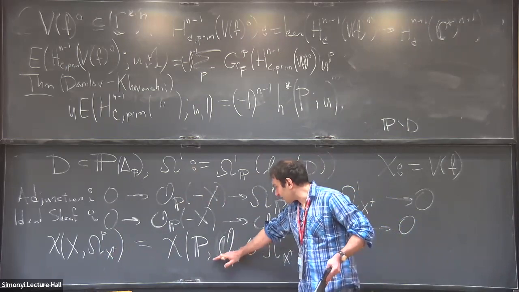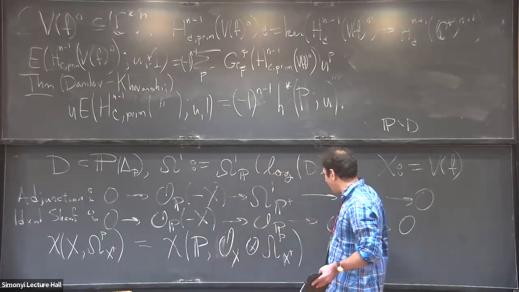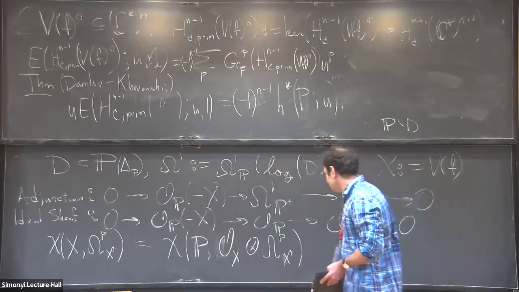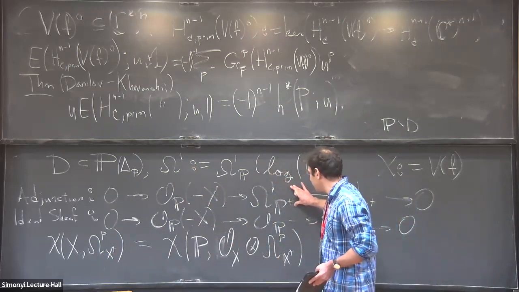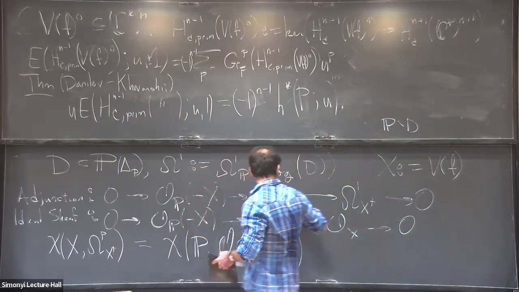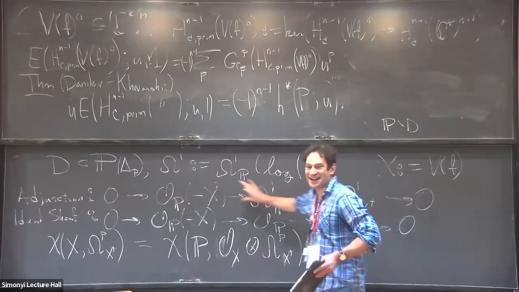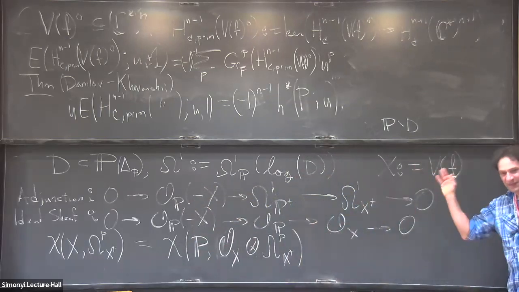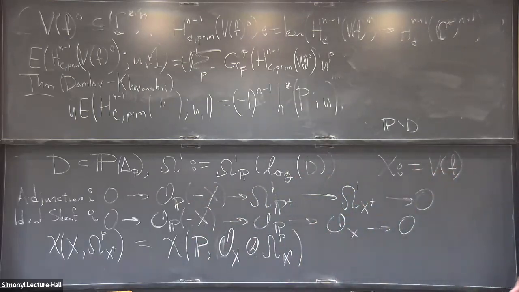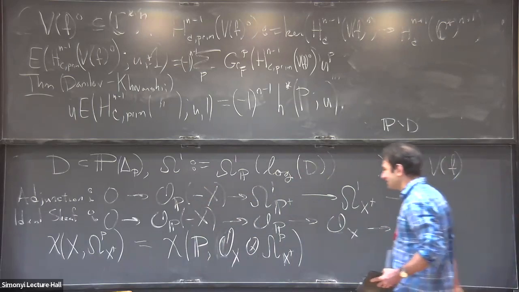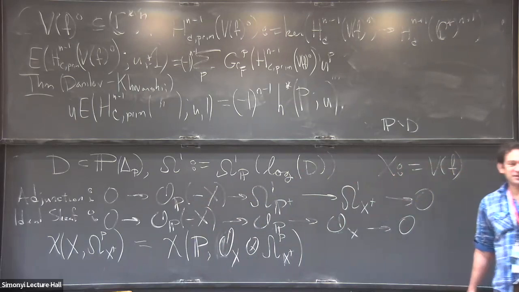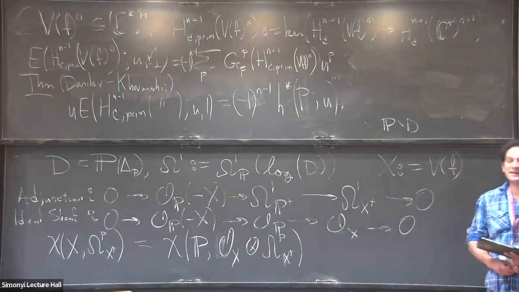So you need O_X, and you've got a description of O_X coming from this exact sequence. Then you need a description of this bundle, and you use this exact sequence. And then it's a couple of lines of K-theory computations. So it's not so bad. And I didn't say the words magic dust. Or now I did.